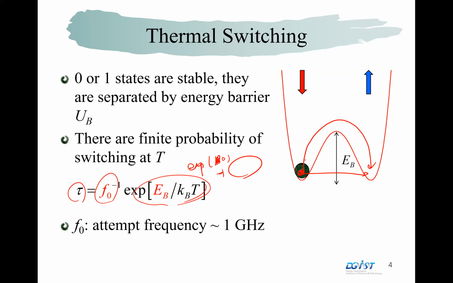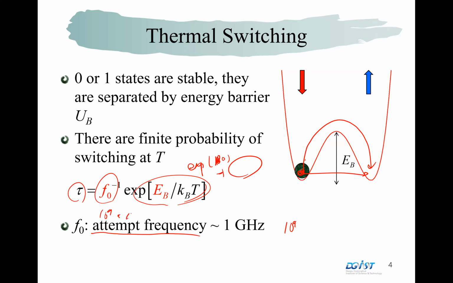And this f0 is called the attempt frequency. The physical meaning of attempt frequency is how frequently this event can occur. Typically, in a magnetic material, this attempt frequency is related to the phonon frequency, so it's on the order of gigahertz, 10 to the 9.